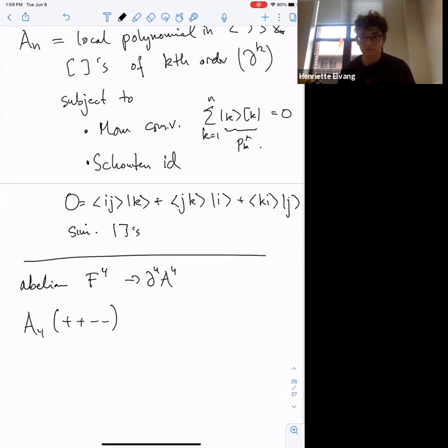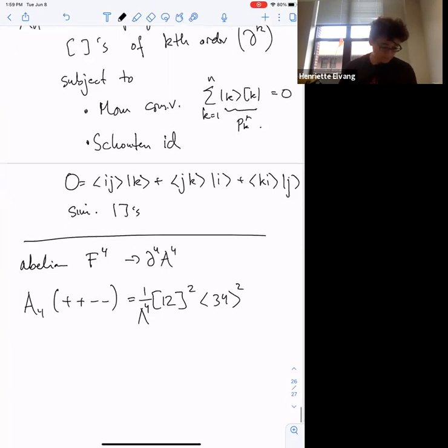There's only one possible thing this can possibly be of the right mass dimension, and that's angle 1 2 squared times angle 3 4 squared. And you can see that this must have a coupling of mass dimension 1 over lambda to the 4, where lambda has mass dimension 1. Otherwise, the dimensions don't work out.